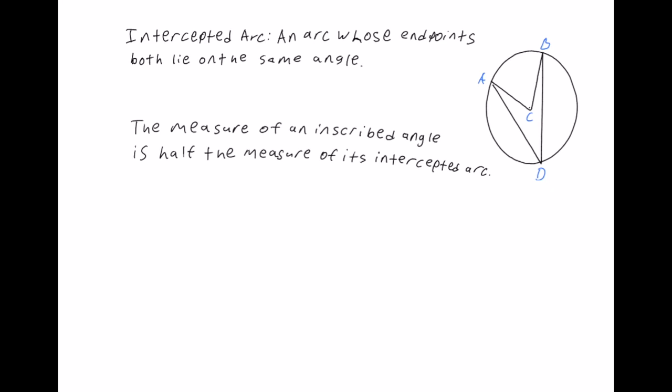So no matter what arc AB is, let's call it X, angle ADB is going to be 1/2 that, so 1/2 X. And remember from central angles that ACB is also equal to its intercepted arc, so that is also X. So the inscribed angle is half of both the intercepted arc or the central angle that intercepts the same arc.